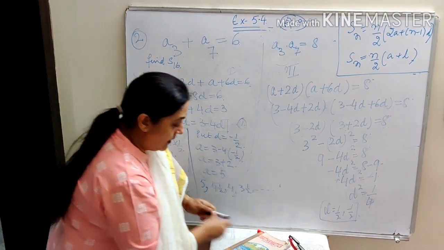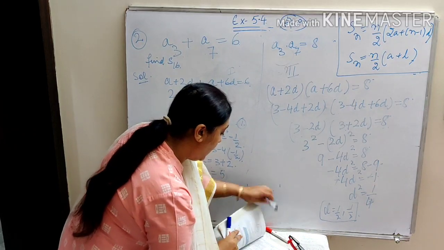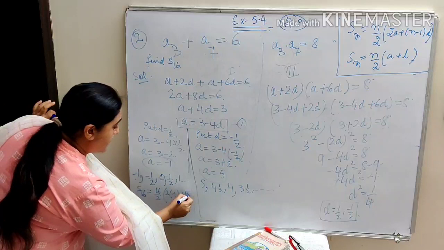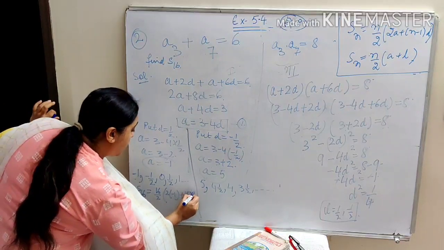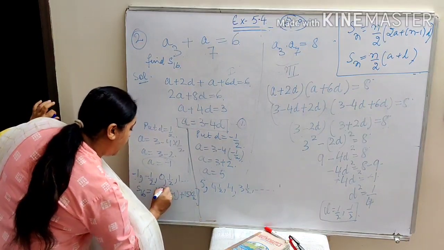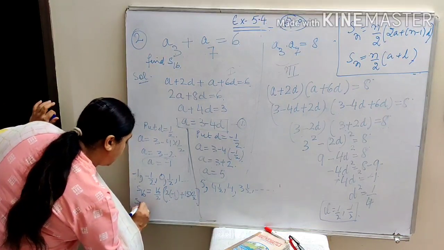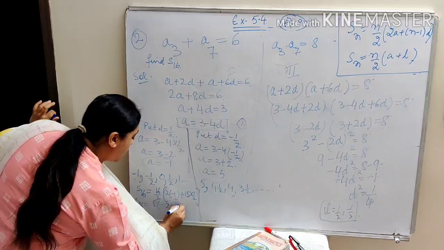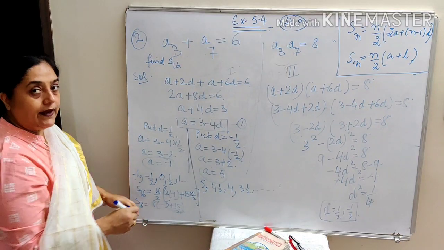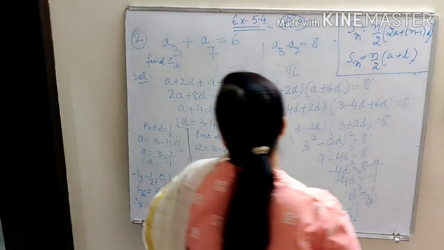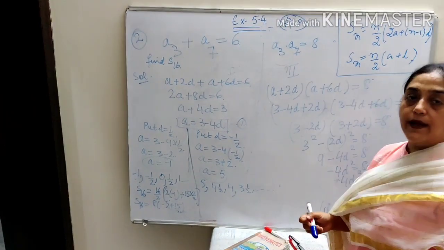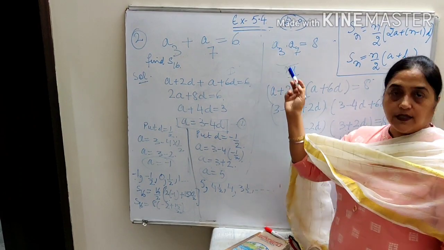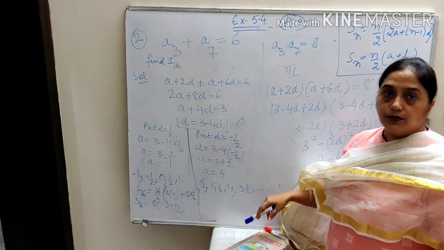Now I have 15 into D, which is 1 by 2. So S16 is equal to 8 into minus 2 plus 15 by 2. You solve it and find out. Similarly, in the second series also, you can find S16. Got it? So this was 5.4, the optional question number 2.